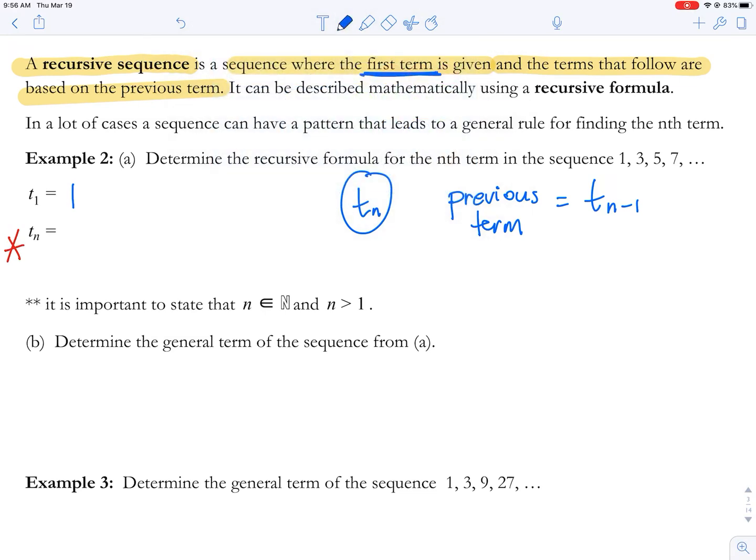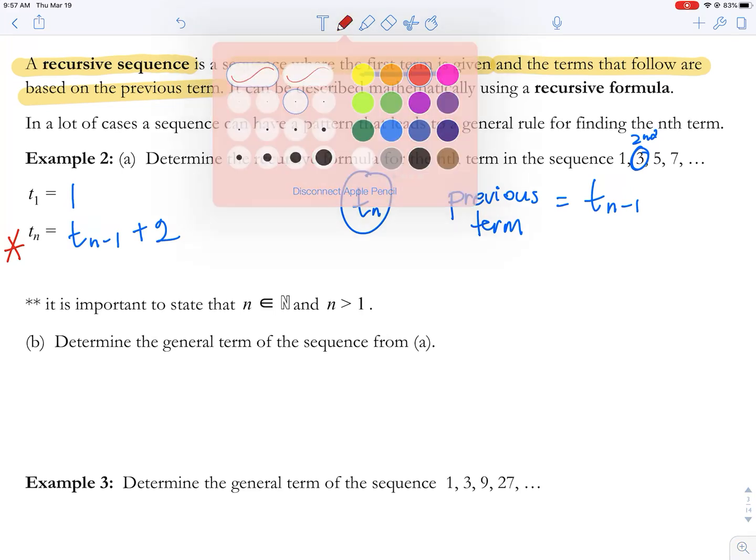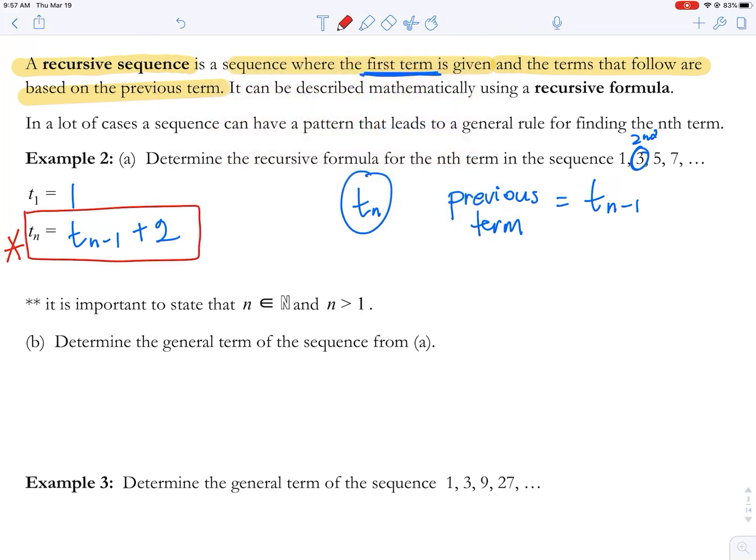For example, if I'm figuring out what the second term is, I'm going to take my first term, or the previous term, and then how would I get from 1 to 3? Well, I could add 2. And each step I would be adding 2. So I would take the previous term and I'd add 2. So my recursive formula here is going to be Tn equals Tn minus 1 plus 2. And that's the recursive formula because it's based on the previous term.